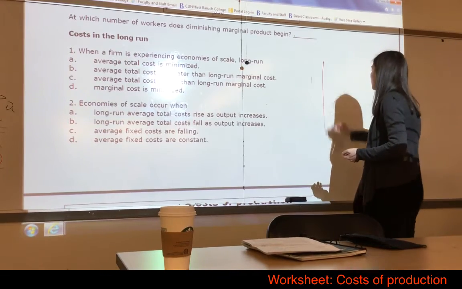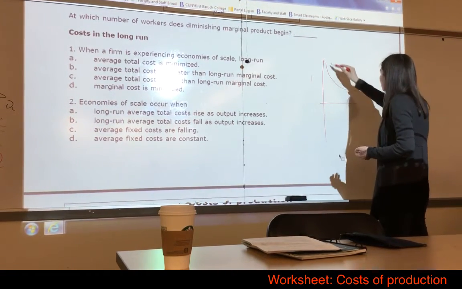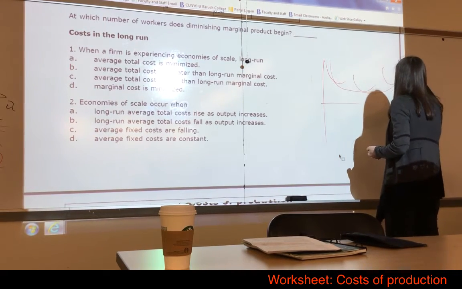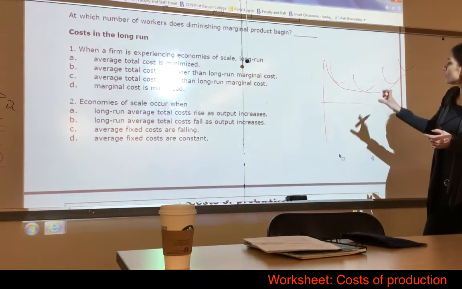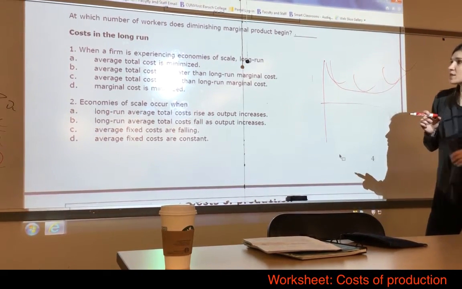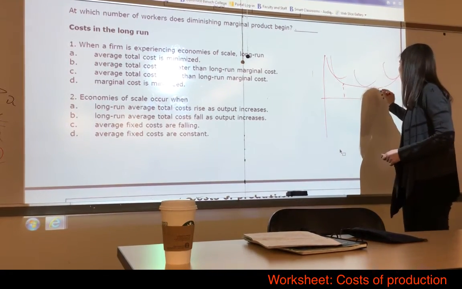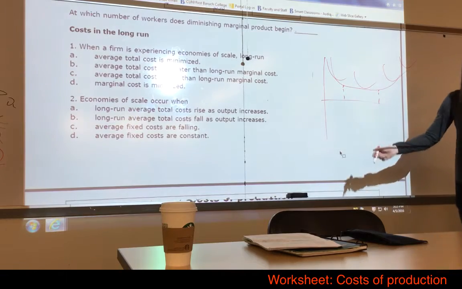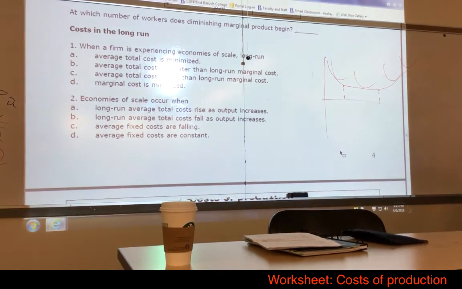Remember, you had a bunch of short run costs, and then the long run was looking like that. So which interval was experiencing economies of scale? The first up to here, then we had constant, and then we had diseconomies. So what's happening in this interval? Is average total cost minimized?